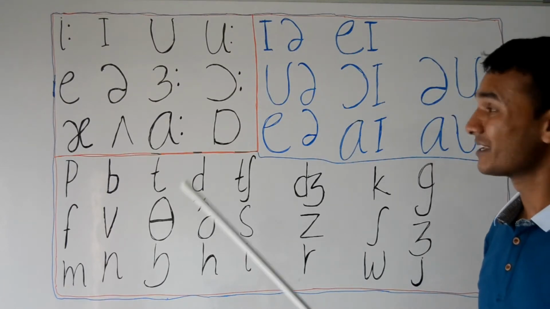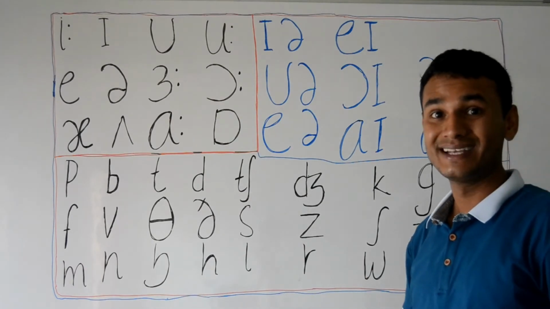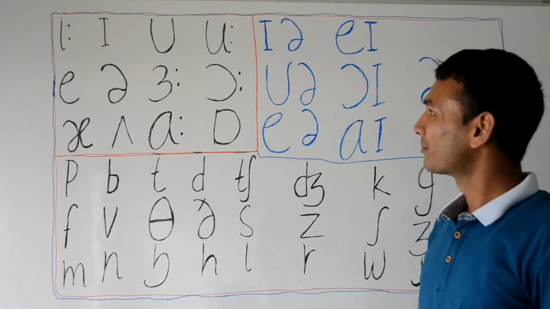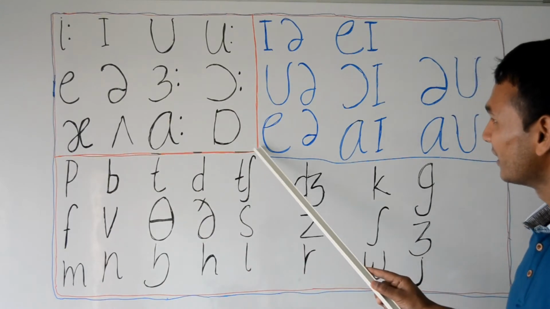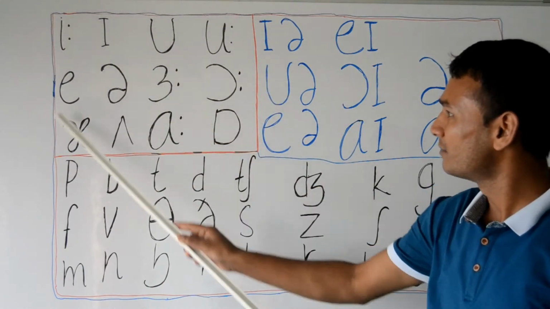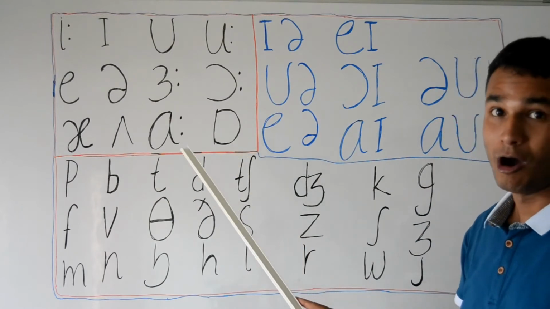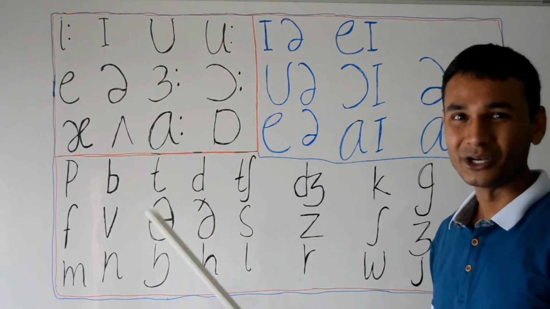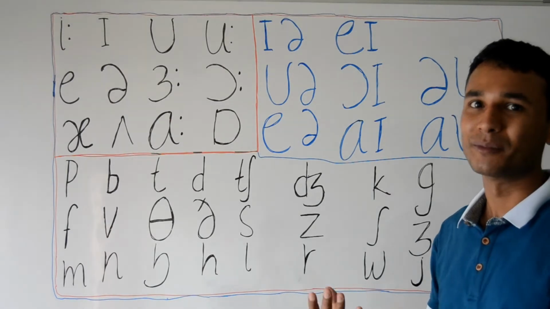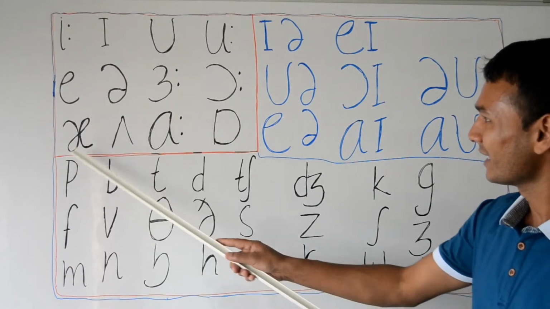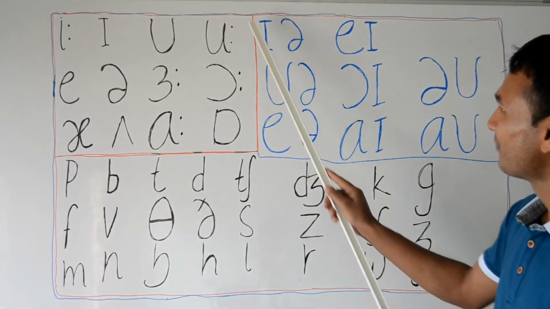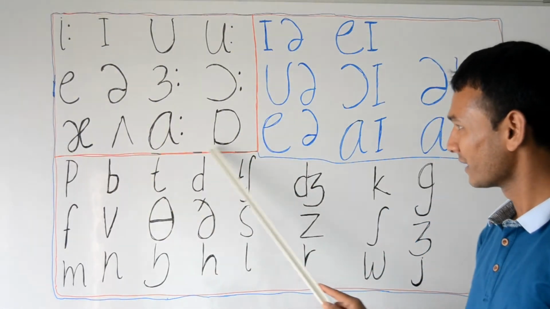People categorize these 20 vowel sounds into different categories. For instance, they say these 12 vowels from here to here in this box are called monophthongs. Technical word, but you don't have to remember. It's just vowels, but they categorize and put them into one monophthong category, okay?